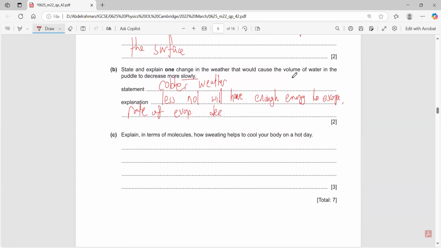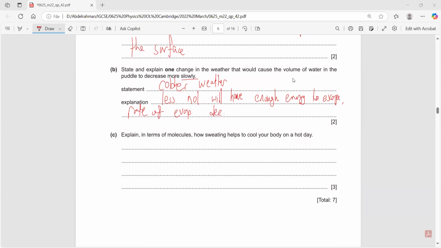Explain in terms of molecules how sweating helps to cool your body on a hot day. How does the sweating help to cool your body? Basically, again, due to evaporation. You need to say that the sweat water molecules escape from the surface, right?